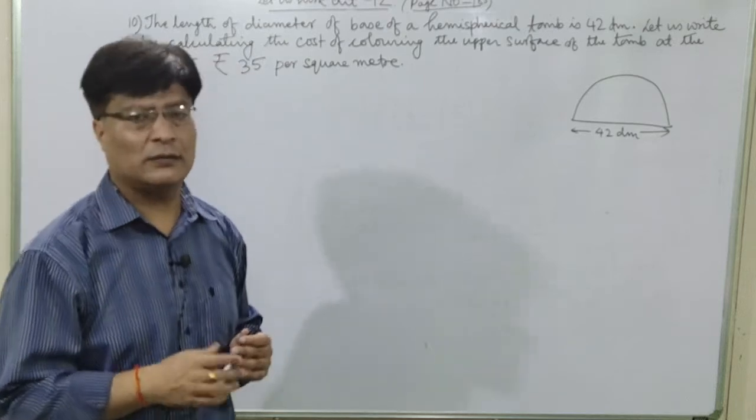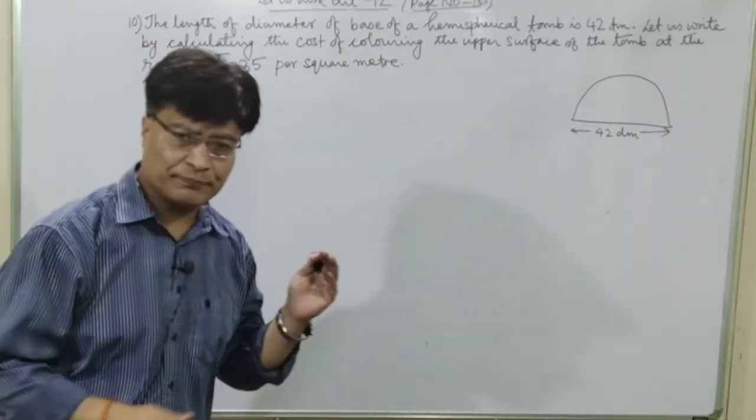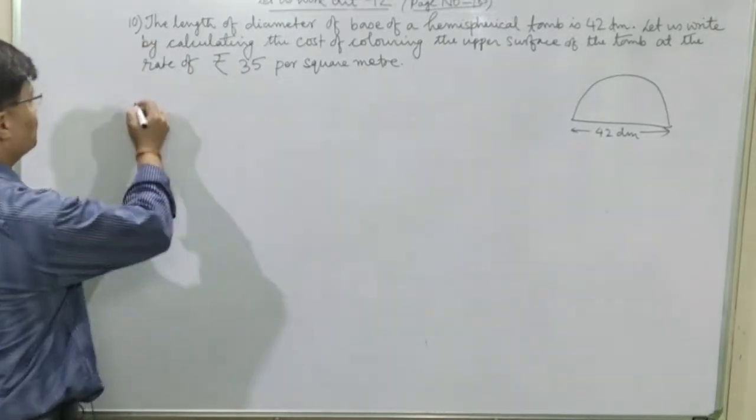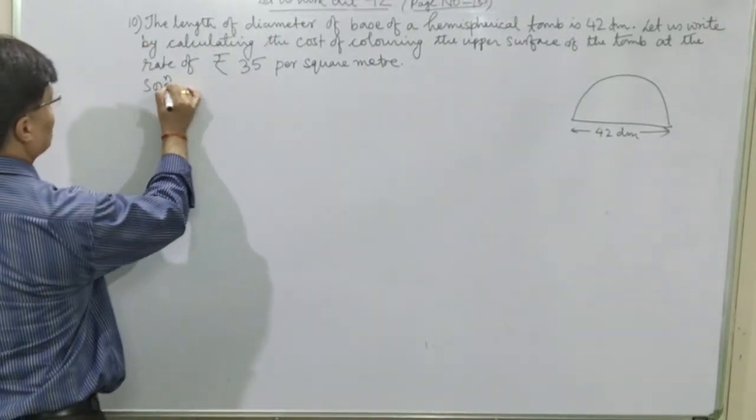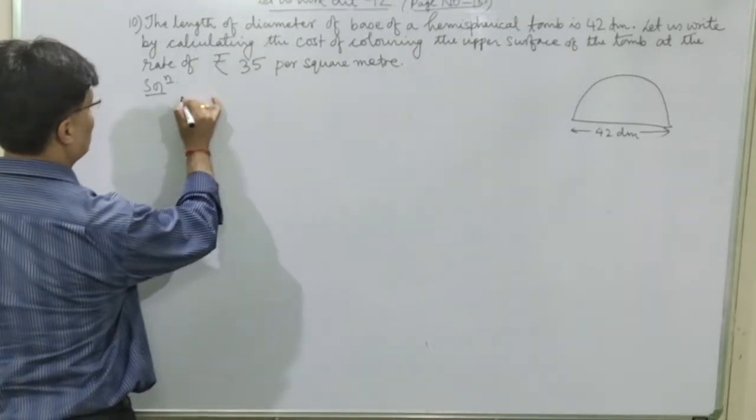I think all of you have understood this question. So now let's do this question now. So let's do the solution. So here what is given? What is the diameter of the hemispherical tomb?